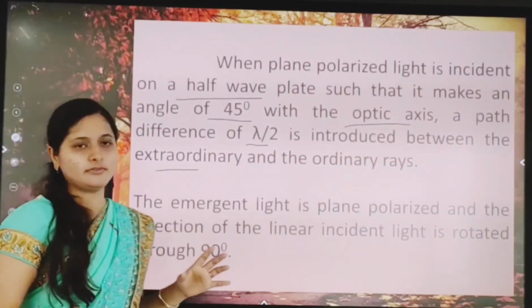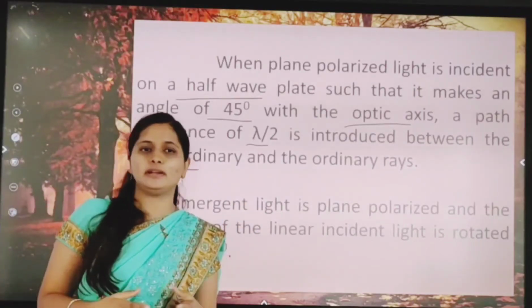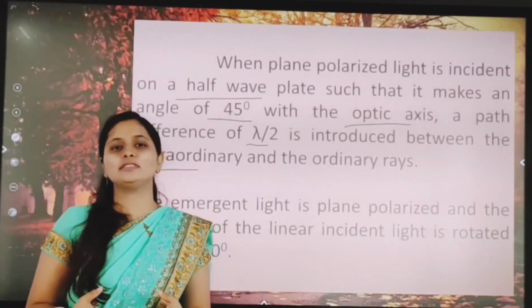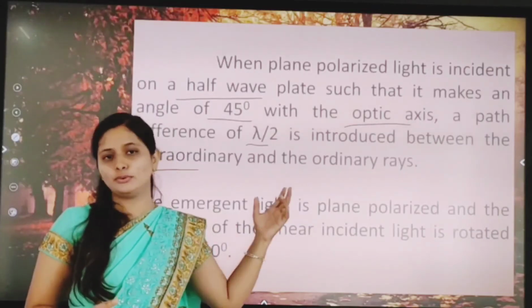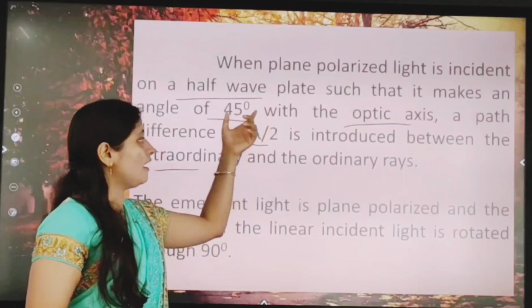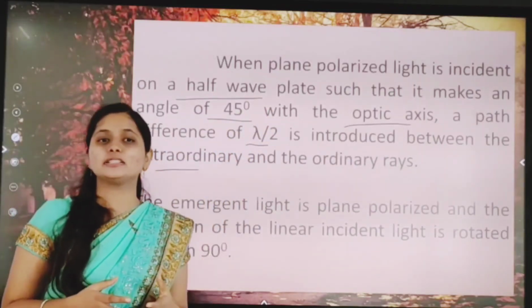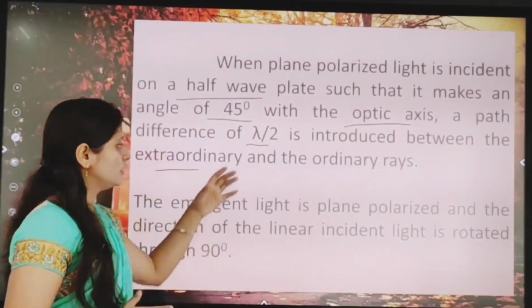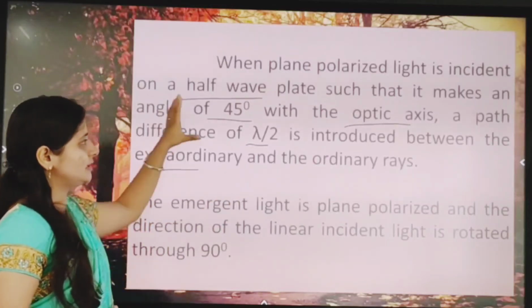We are studying the retardation plate and its types. Retardation itself is a path difference between the two rays, ordinary ray and extraordinary ray. So in a half wave plate the path difference is lambda by 2.